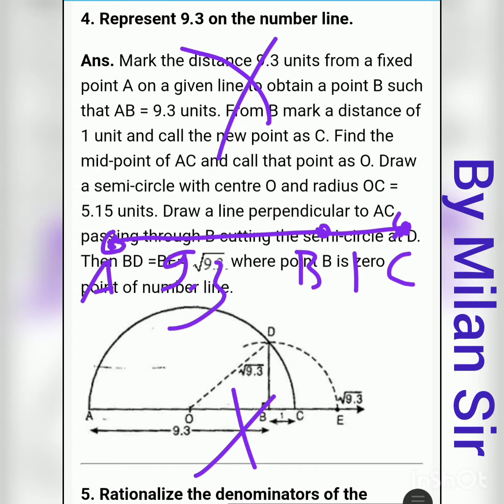Here you can choose the radius arbitrarily, but it needs to be more than half of the length of AC.